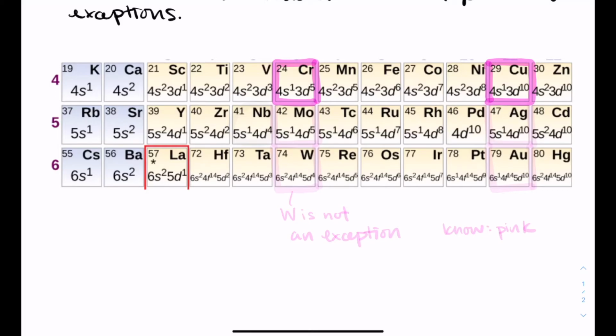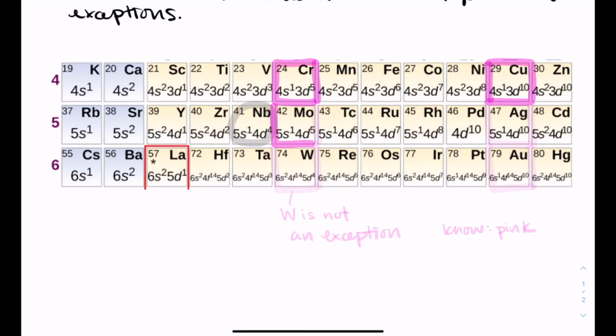Molybdenum, which is directly underneath chromium, has the same pattern, 5s1, 4d5, to get half filled. Silver, which is directly under copper, is 5s1, 4d10, same pattern. So chromium, copper, molybdenum, silver make it half filled or completely filled.